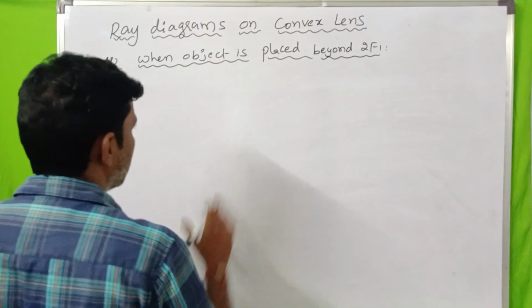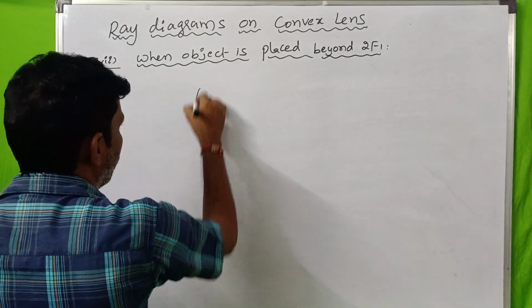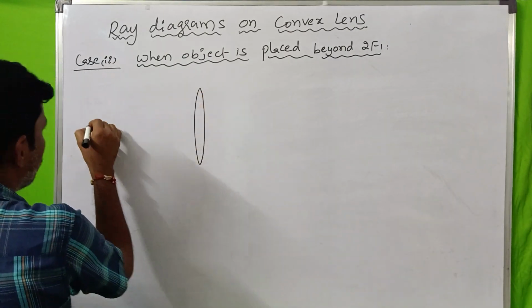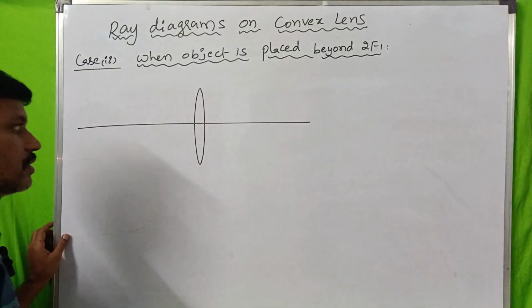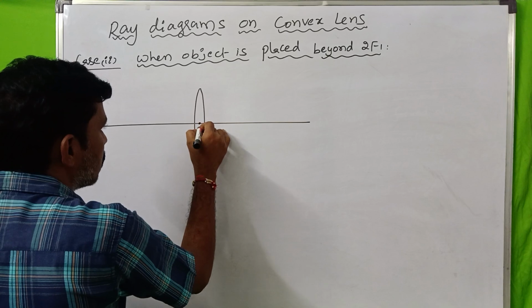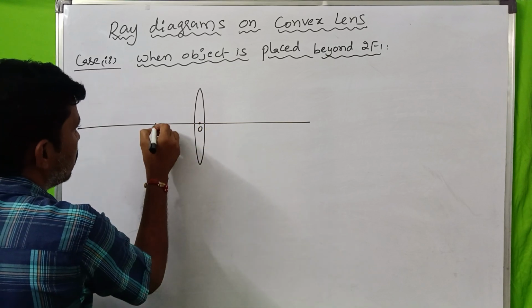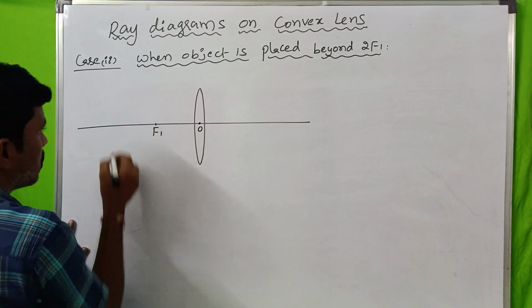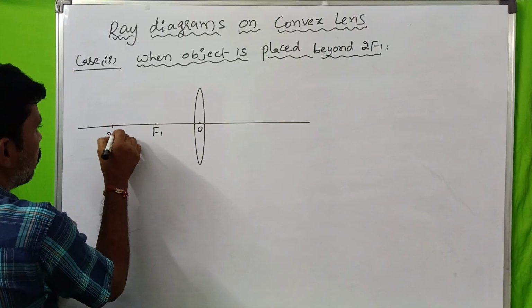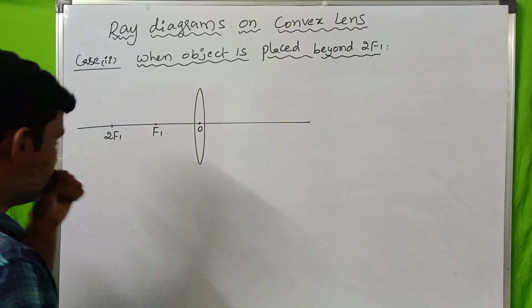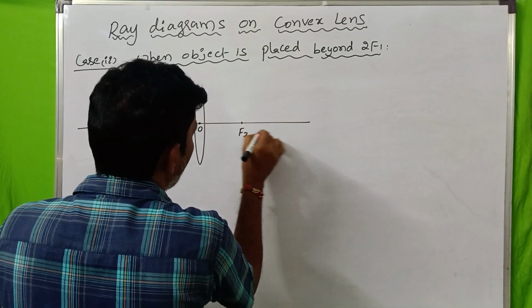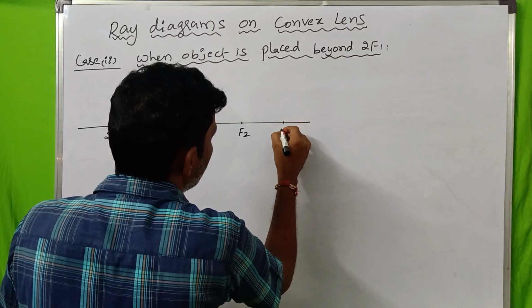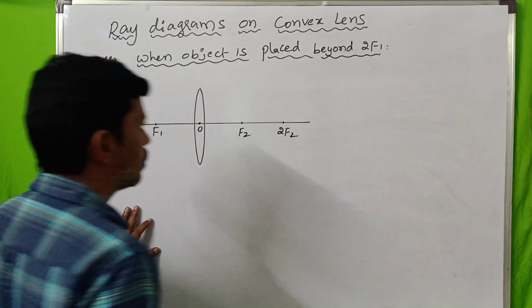Let us take the lens. This is the lens and it is the principal axis, obviously, and this is the optic center. Let us take the first focus point and 2f1, and the second focus point and 2f2.